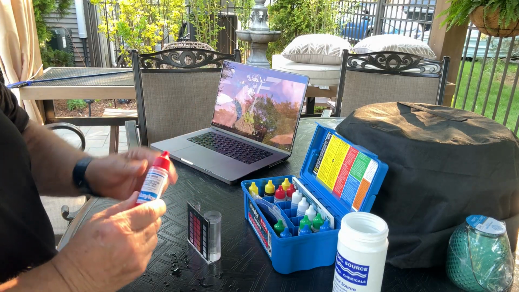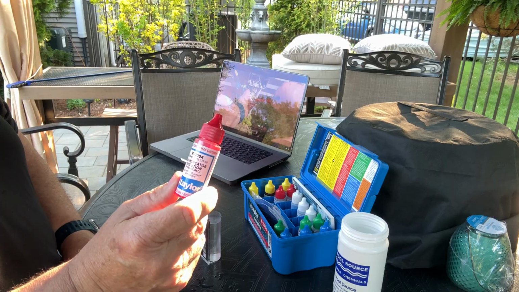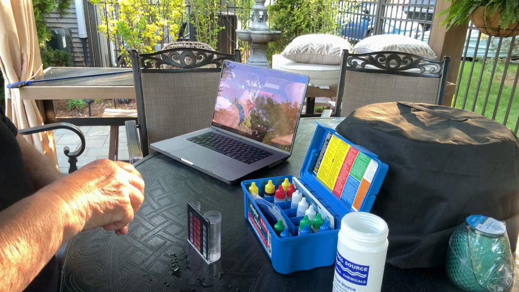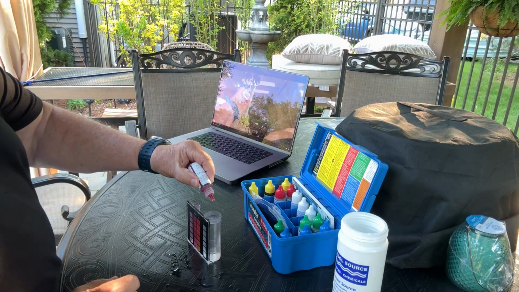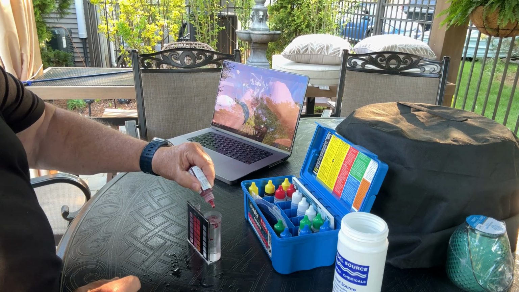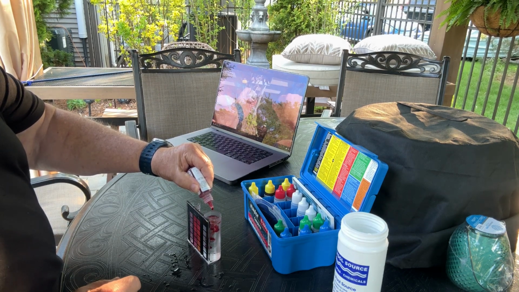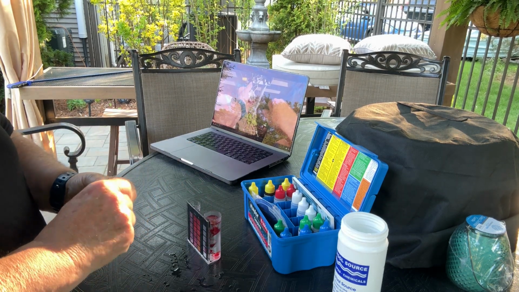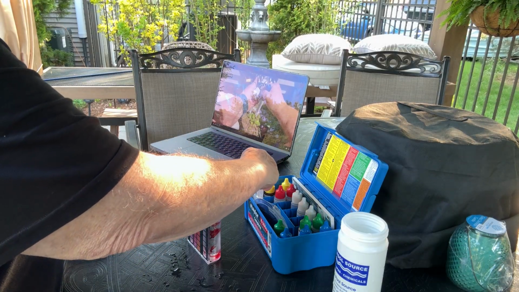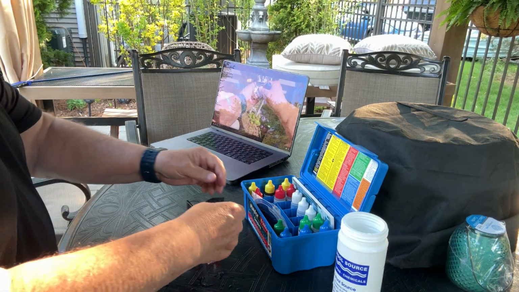Now, testing my pH, 5 drops of R004. 1, 2, 3, 4, 5. I'm going to cap it.